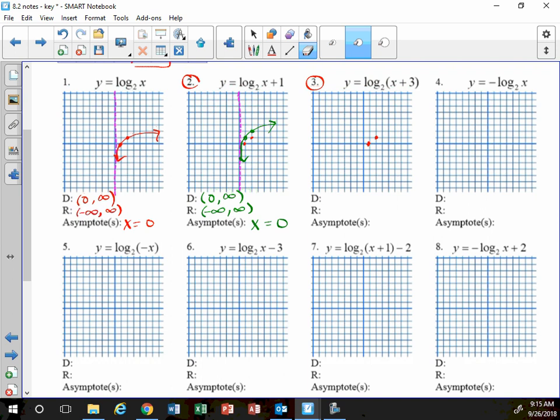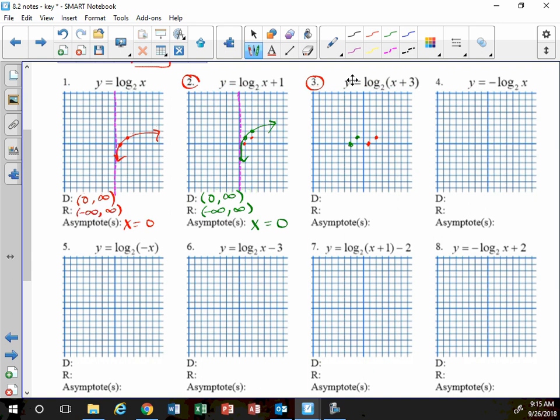So third time's the charm. Where's it going, guys? Left 3, because remember it's the opposite of what it seems like it should be. 1, 2, 3, and 3. All right, did the asymptote change? Yeah, sideways shifts are going to affect your asymptote now.